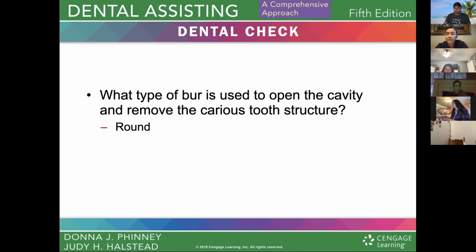Those are mainly for placing amalgam fillings, because amalgam fillings are metal. Metal does not bond to teeth. It has to be retained inside of the cavity preparation via mechanical means, so we have to lock it in place with undercuts. As we do amalgam fillings in class, I'll talk about this in more depth, so it'll make more sense. But yes, both of those answers are right.